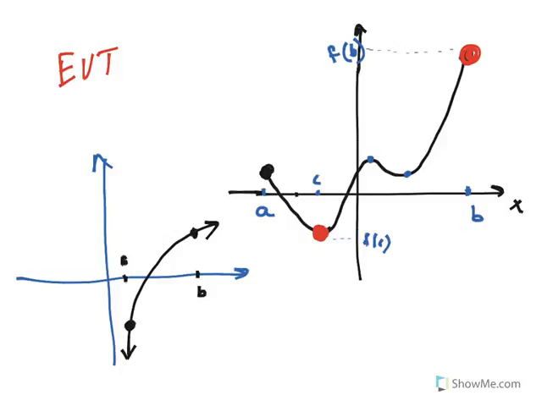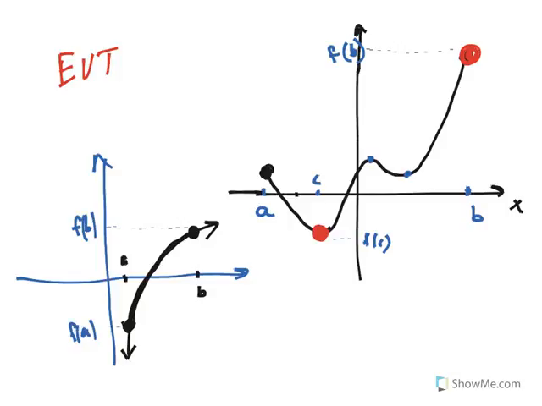So you can see your function is continuous on this interval. Now the highest value would be f of b. And your lowest number here, look at this, it's f of a.